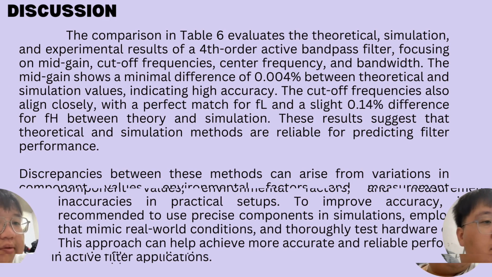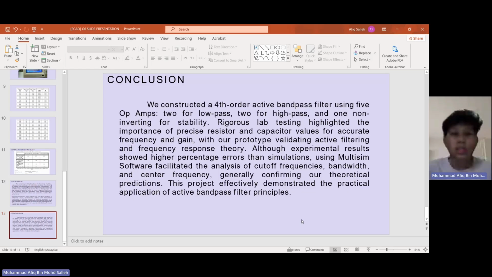Thank you. So the conclusion is we constructed a fourth-order active bandpass filter using 5 op-amps: 2 for low pass, 2 for high pass, and 1 non-inverting for stability. Rigorous lab testing highlighted the importance of the resistor and capacitor values for accurate frequency and gain.